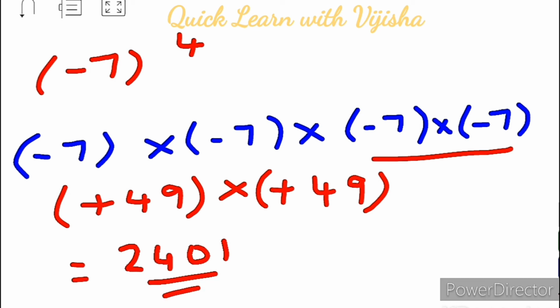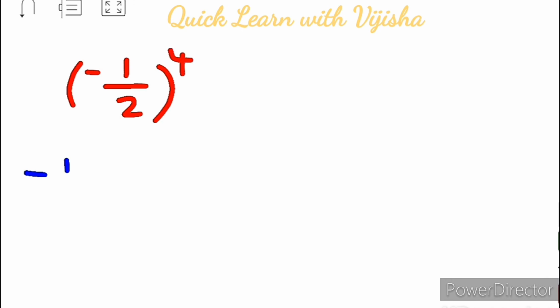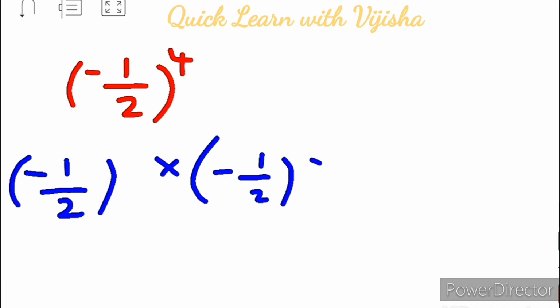We'll see the last question, a fraction sum, and that too a negative fraction. The question is minus 1 upon 2 raised to 4. So minus 1 upon 2 is your base. It has to be written how many times? 4 times. So let's write it 4 times.